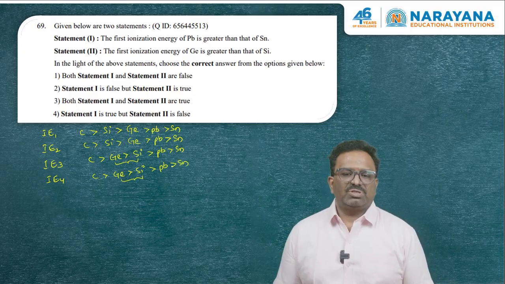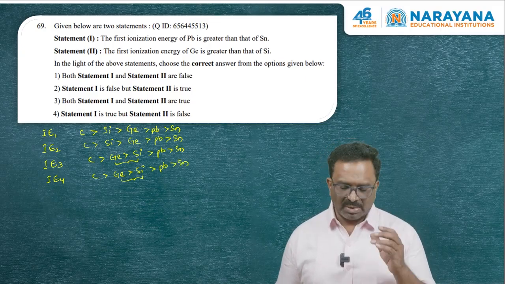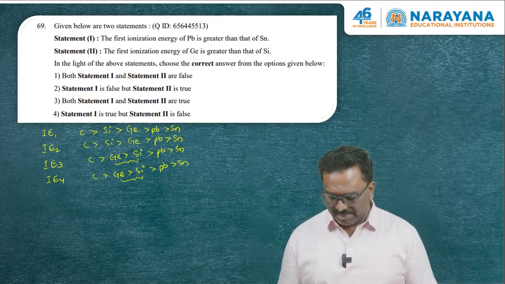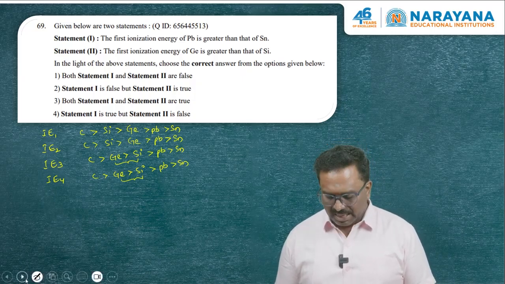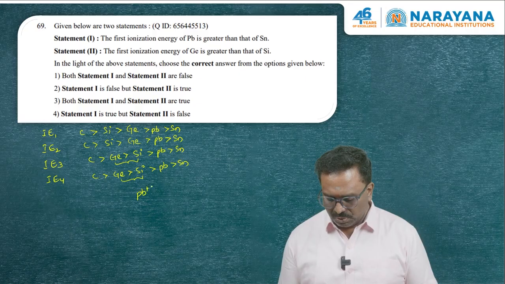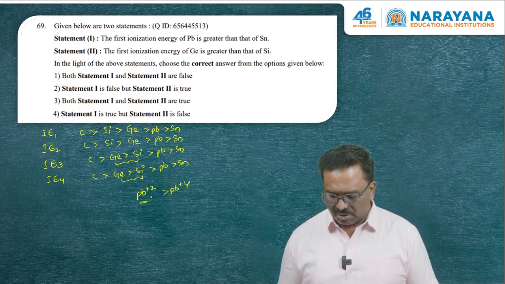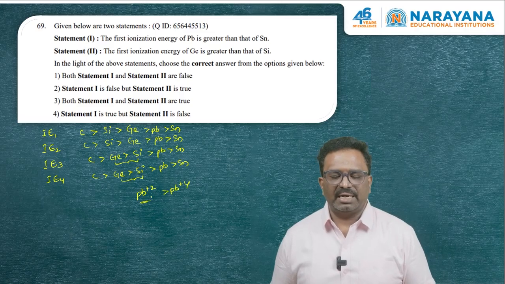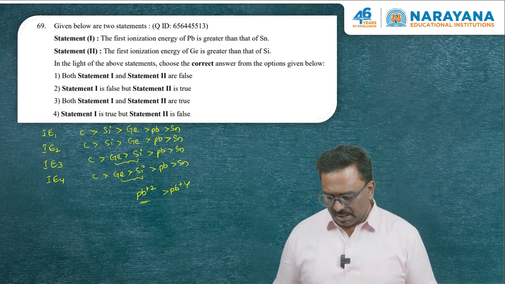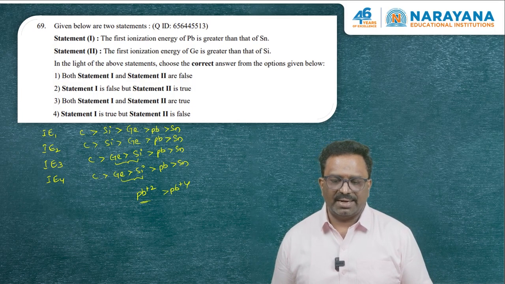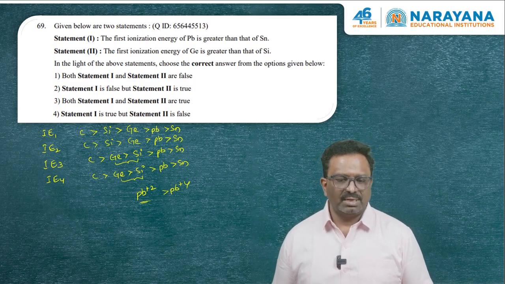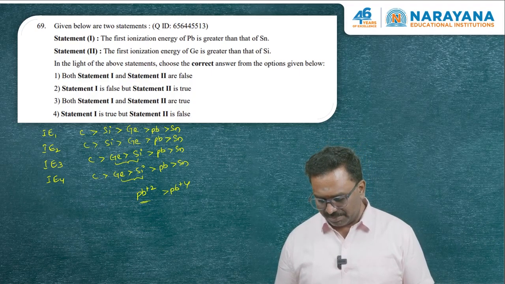A very important feature here: even though lead is a 14th group element, Pb2+ is more stable than Pb4+. When we see the second and third ionization energies, a relatively larger difference is observed in the case of lead, which reflects the greater stability of the +2 state.